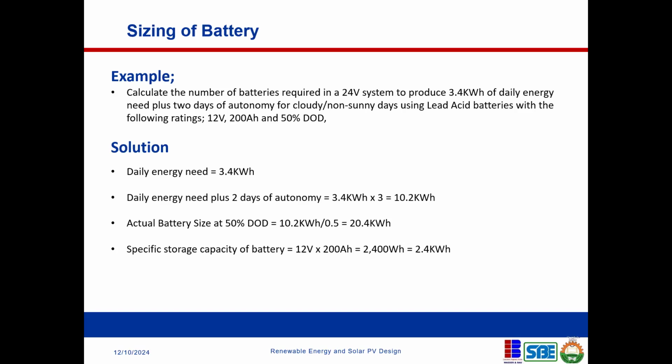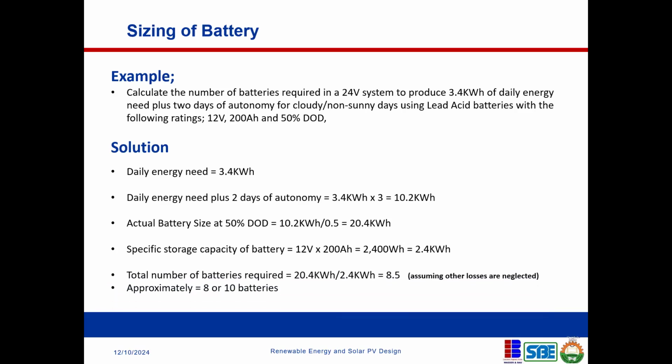So we now want to know how many batteries we need to arrive at 20.4 kilowatt hour. So we divide 20.4 kilowatt hour by 2.4 kilowatt hour, and that will give us 8.5. So we need 8.5. Of course, you don't have half a battery. So you have to approximate it to 9, correct?